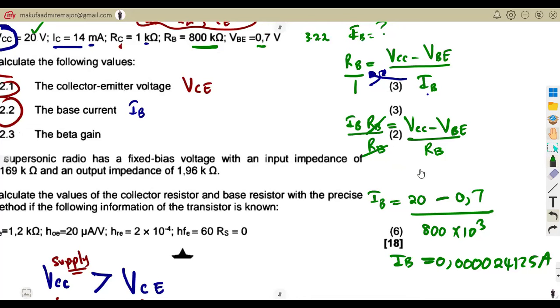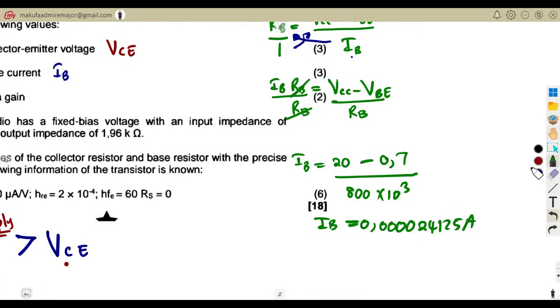But as we do understand, base current is best expressed in microamperes, so it is best that you write your IB in microamperes. So how do you convert to microamperes? You use the opposite: multiply by 10 to the exponent of 6. Whatever you get, if you multiply by 10 to the exponent of 6, which is 24.125, that answer will automatically be in microamperes. Remember your conversions, guys.